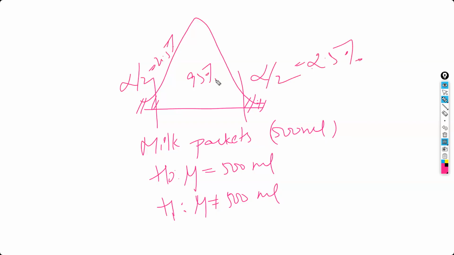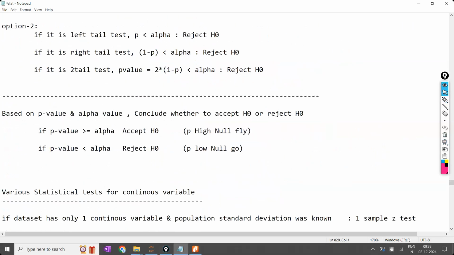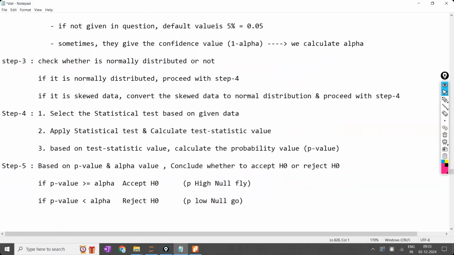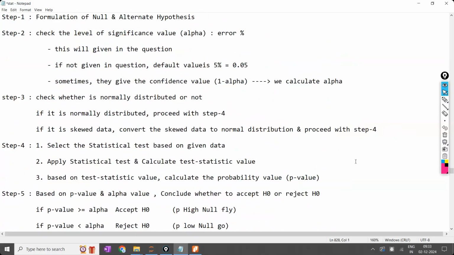Now let us execute the 3 examples from starting to ending so that you will get complete clarity on this. For any test, what are the steps involved? These are the steps. First step is formulation of null and alternate hypothesis. Second step is level of significance.